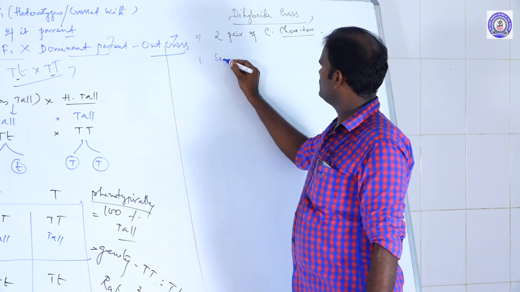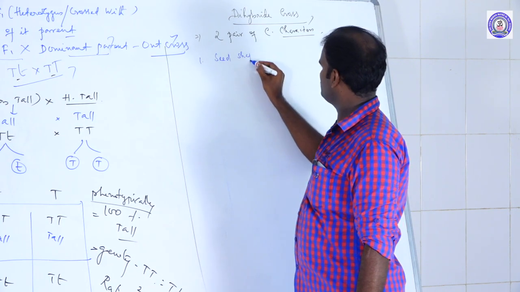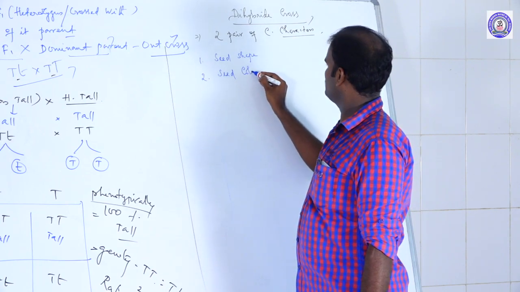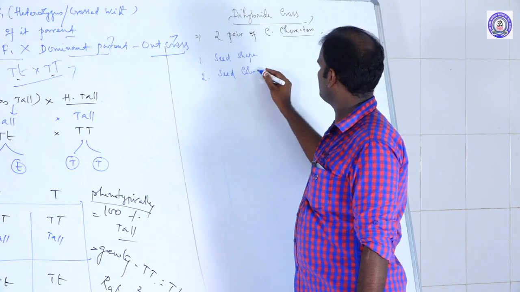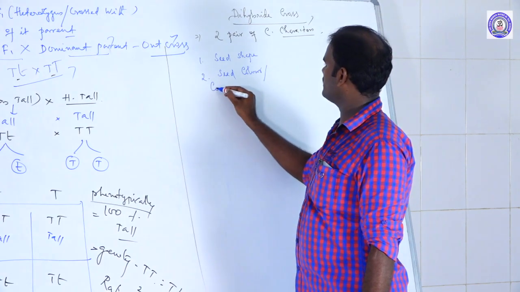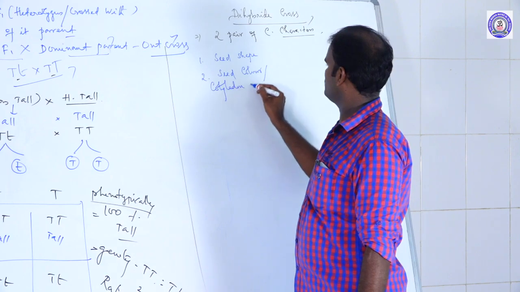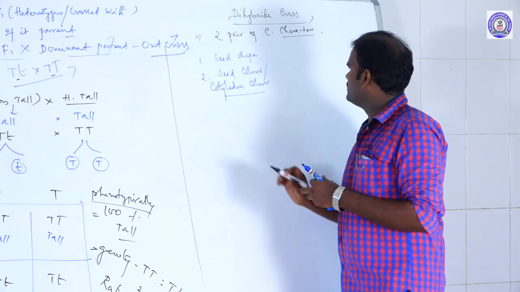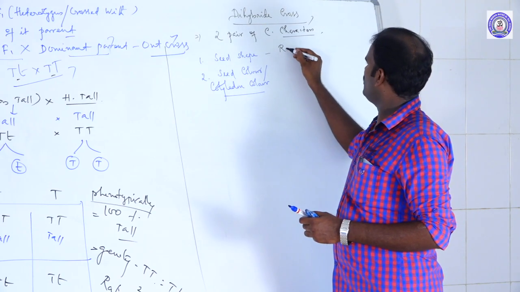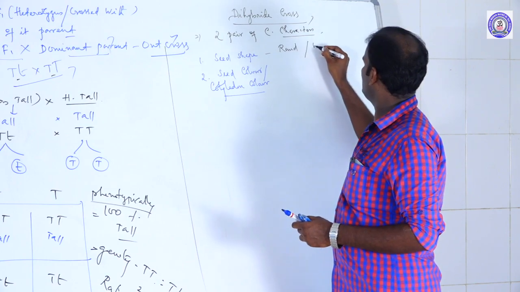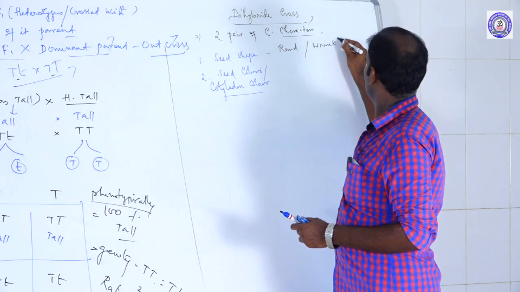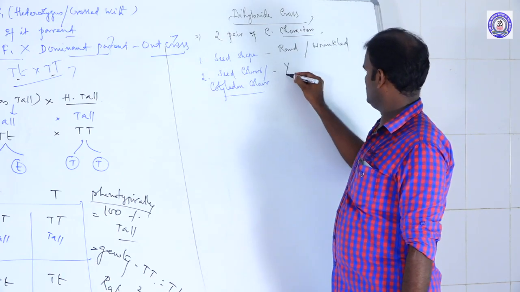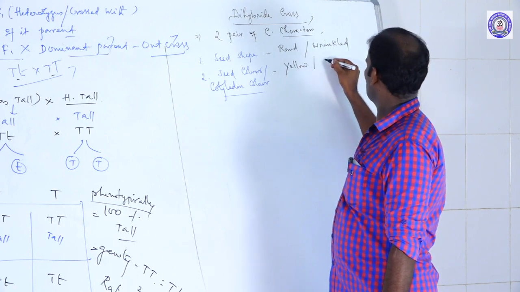One is seed shape. The second one is seed color, also called cotyledon color. For seed shape, round is dominant over wrinkled. For seed color, yellow is dominant over green.